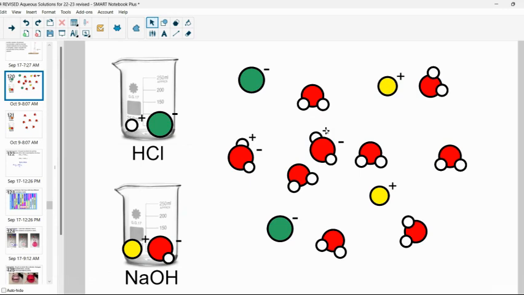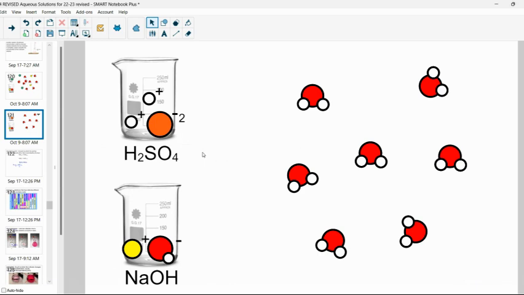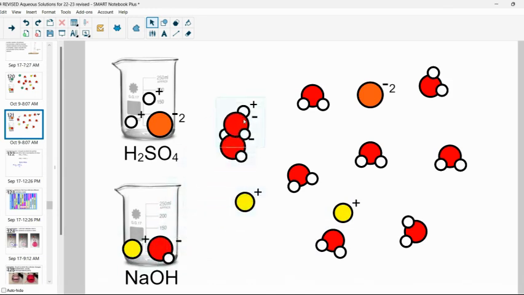I just showed 2 to 2, but it's a one-to-one relationship ratio. Let's look at this one. If I have an H2SO4 dissolved in my solution, how many NaOHs do I need? I need 1, 2 to neutralize that. Thinking about stoichiometry, I need 2 NaOHs to balance out an H2SO4.